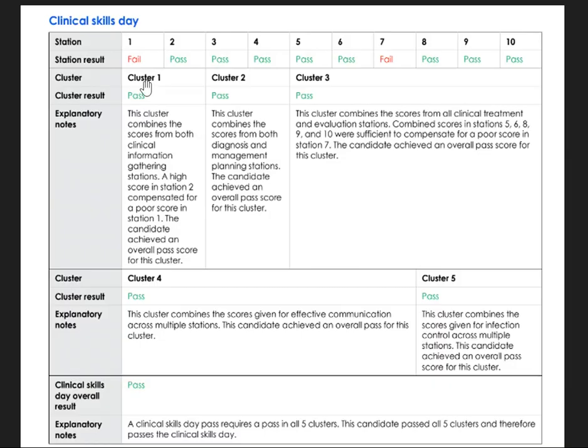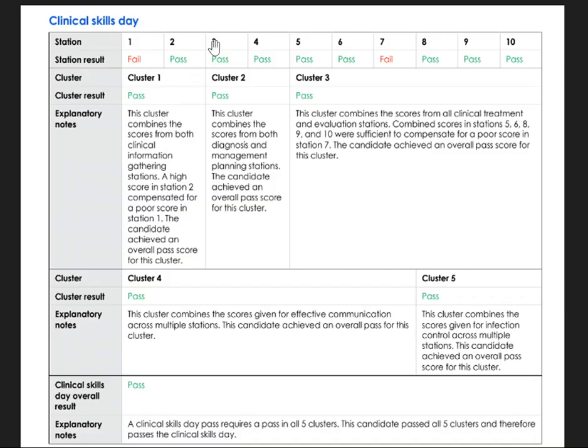Station 1 and 2 belong to cluster 1, which is the clinical information gathering. This candidate failed station 1 but passed station 2. But because he didn't fail station 1 badly and he performed really well in station 2, he overall passed this cluster of clinical information gathering.